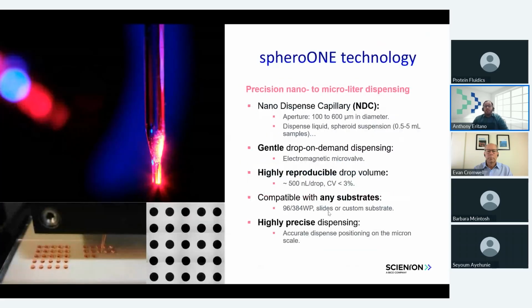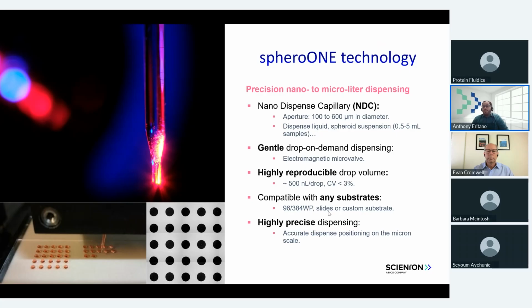What makes the spheroONE so powerful is that it uses a precise nano to microliter dispensing technology. We have a nano dispensing capillary, or NDC, and this allows us to isolate spheroids that are between 100 and 600 microns in diameter. But it can also dispense liquid, reagents, and samples in solution, so it's very versatile when it comes to what it can dispense.